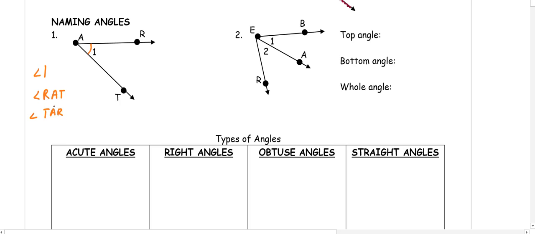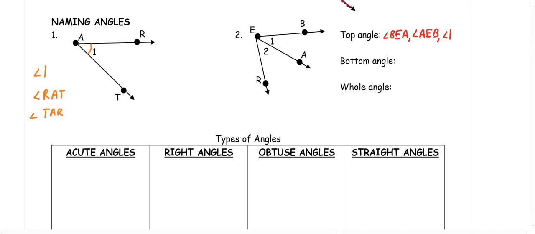In number 2, there's a couple of different angles happening. So the top angle we have right here, we could name that one angle BEA, angle AEB, or angle 1.